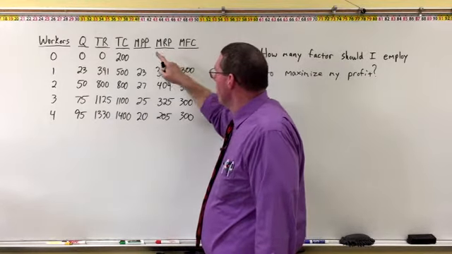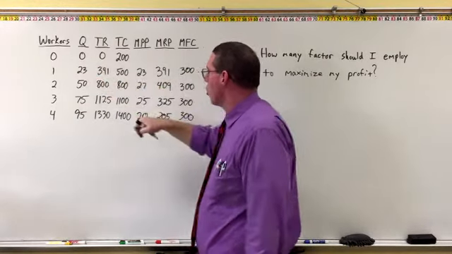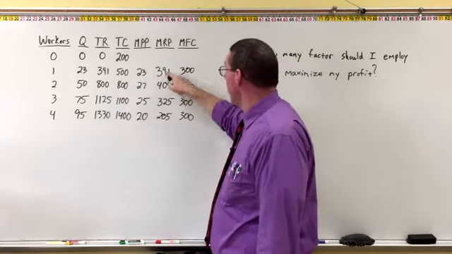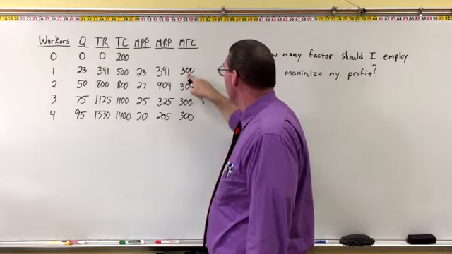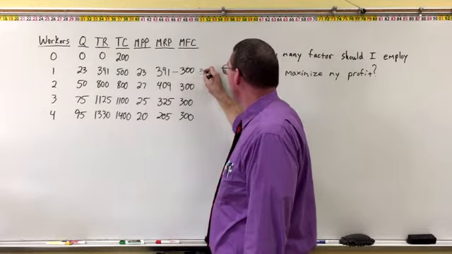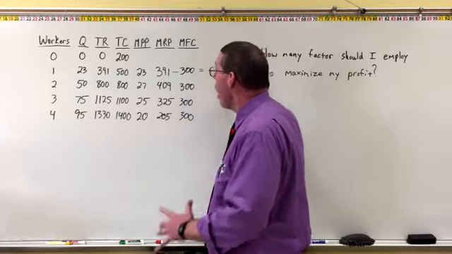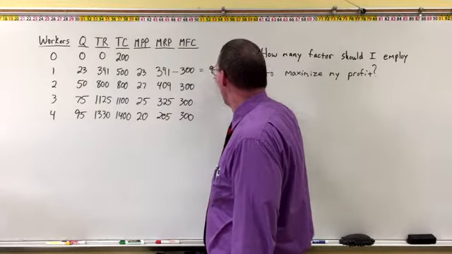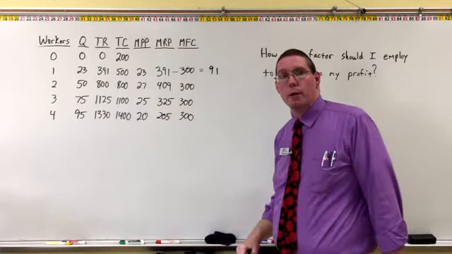When we add the first worker, our revenue will go up by $391 and our costs will go up by $300. Well, if we subtract this now, what we get is the marginal profit for the first worker is going to be $91. So we're actually making an extra $91.